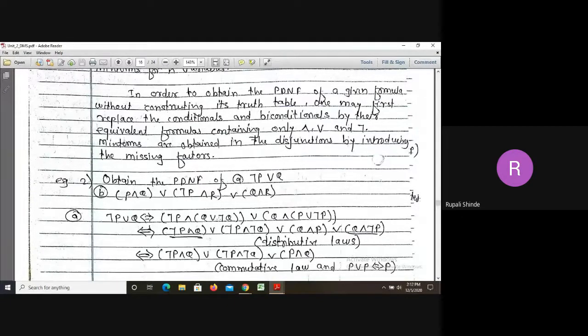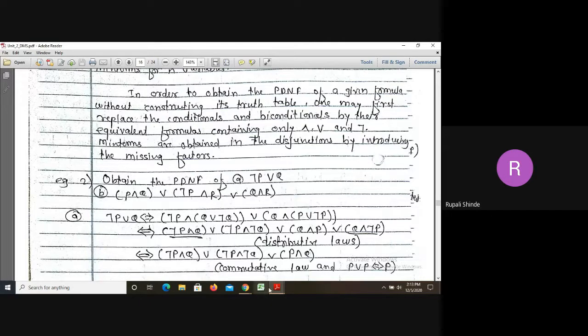So here we have added the missing variable Q for the first variable P. Or for this variable Q, P is missing, so we have to add it as Q and P or negation P. Then we can apply the distributive law: negation P and Q, this is one term, or negation P and negation Q, this is the second term, or Q and P, this is the third term, or Q and negation P, this is the last term.